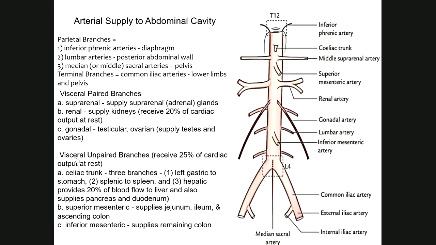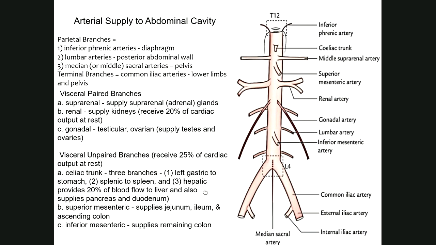Then we've got the visceral unpaired arteries, which receive about 25% of cardiac output at rest, which includes the celiac trunk, which has 3 branches: the gastric artery to the stomach, the splenic artery to the spleen, and the hepatic artery, which provides 20% of blood flow to the liver and also supplies the pancreas and the duodenum.